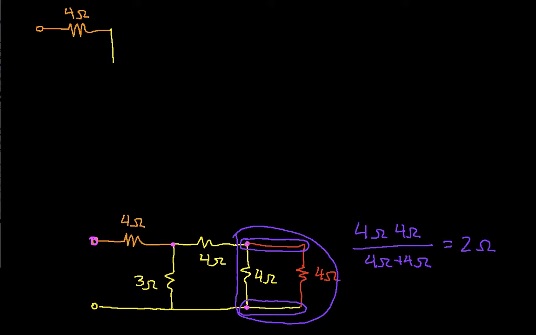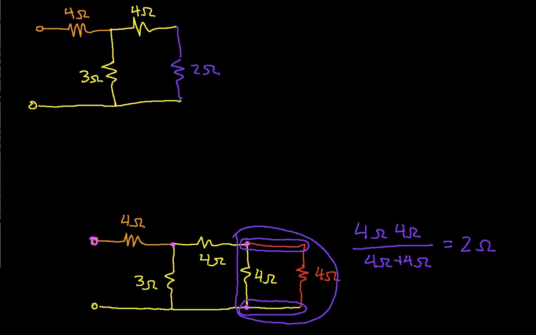It's connected to the 3 ohm resistor and the 4 ohm resistor. And I now take the 2 4 ohm resistors in parallel and replace them with a single 2 ohm resistor. And everything else is the same. Okay, are we having fun yet?